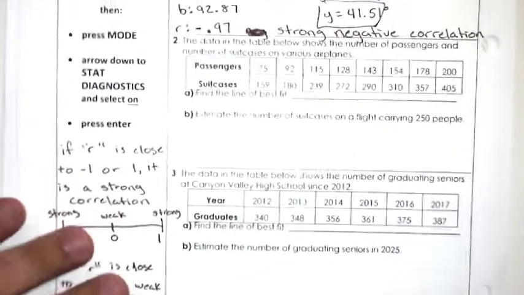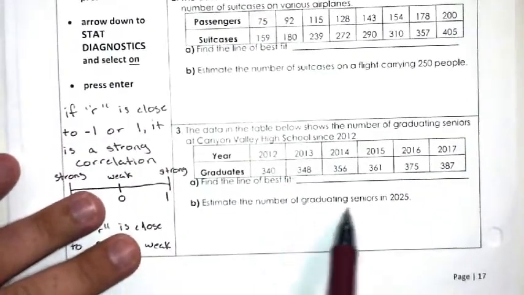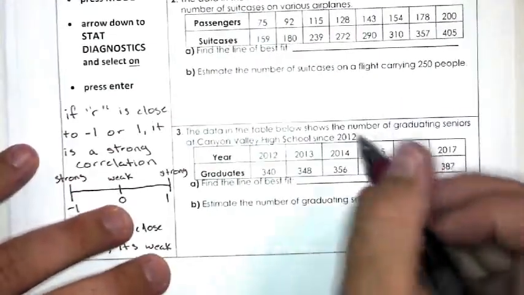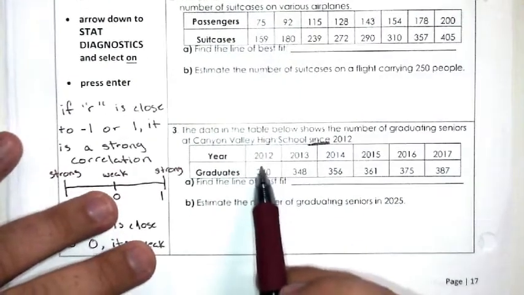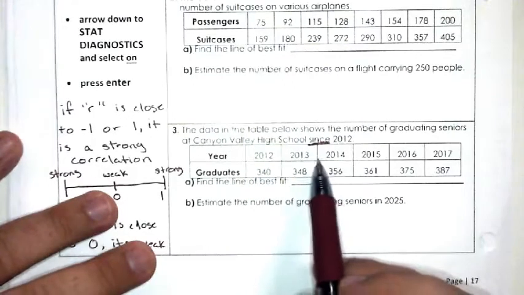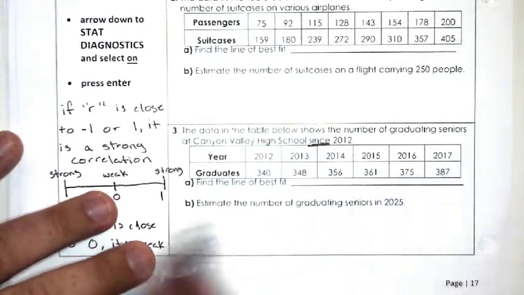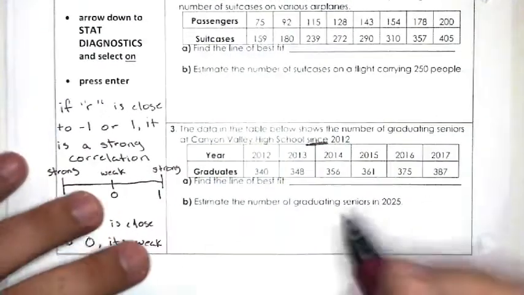Now, because I see the word since, I am not going to put 2012, 2013, 2014, 2015, 2016, 2017 into the X values. Because of the word since, the year 2012 now becomes my 0 year, aka my starting year.